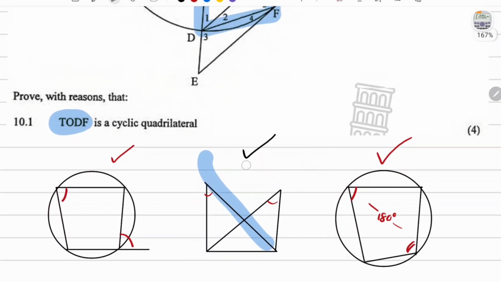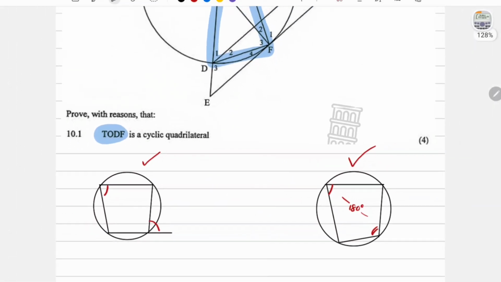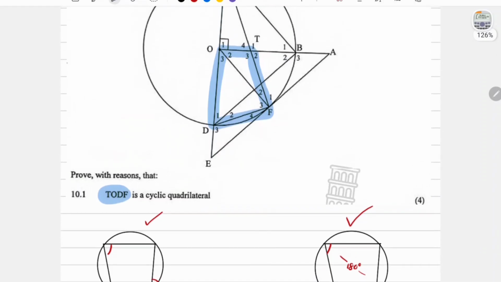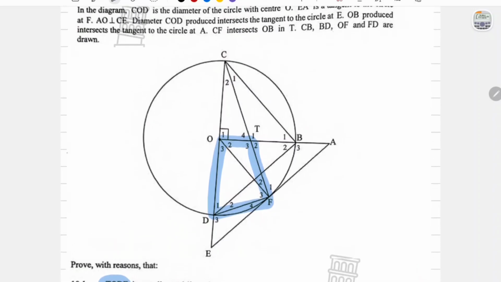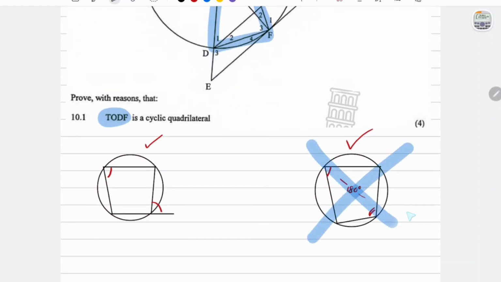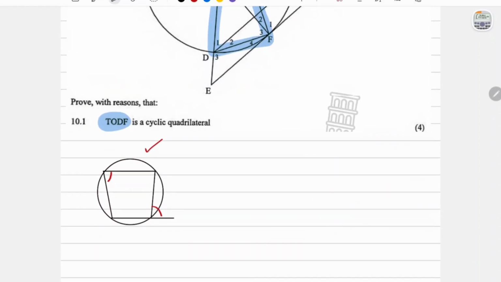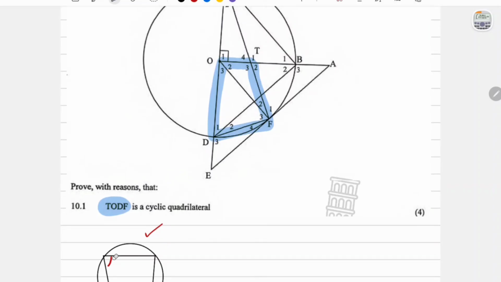Okay, it's down to these 2 now. This one is not a good idea because it has to add up to 180, and they did not give us angles. So that's out of the picture. Now we would have to look at this one.